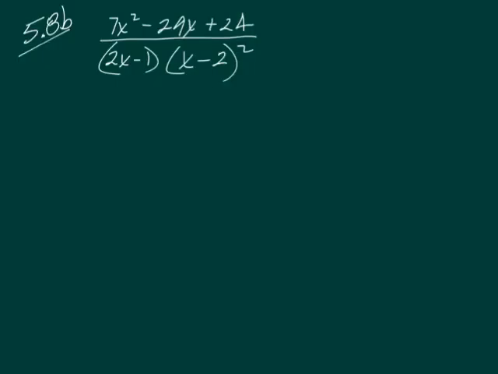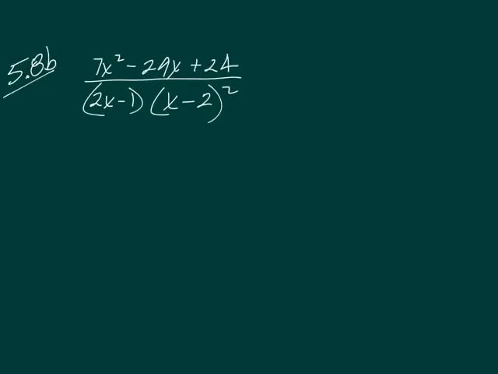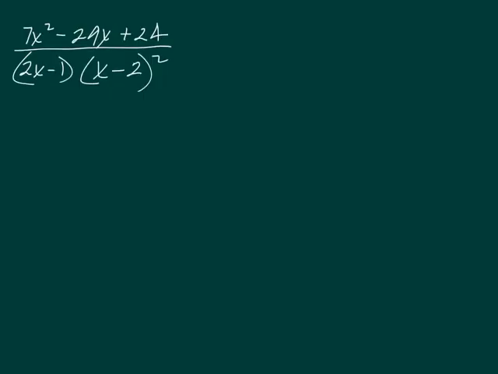So what we're going to do is make this problem equal to 3 different fractions. Because the degree of the denominator is 3, there's going to be 3 parts to this. We're going to have our first part, A over 2x minus 1.